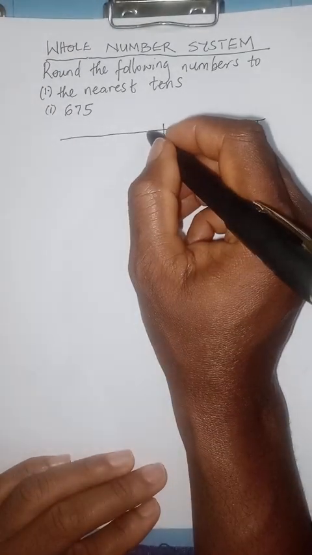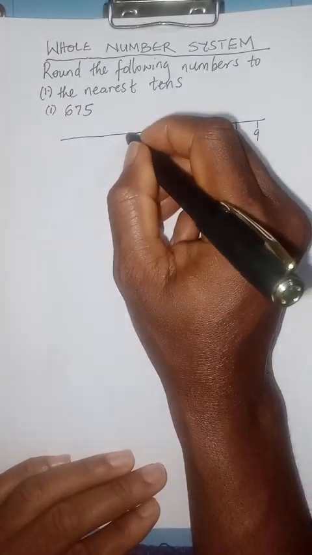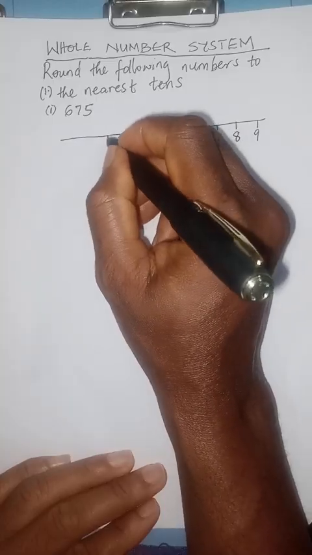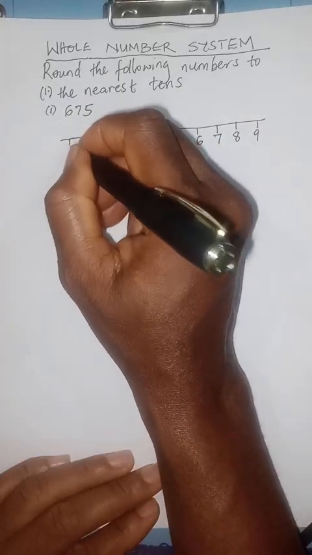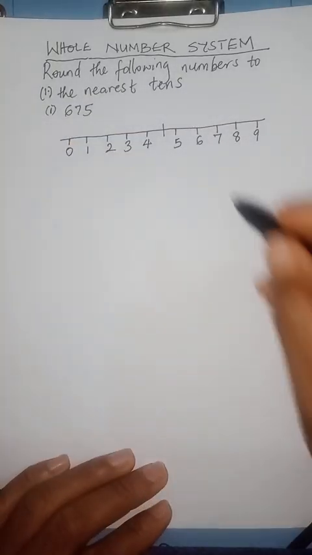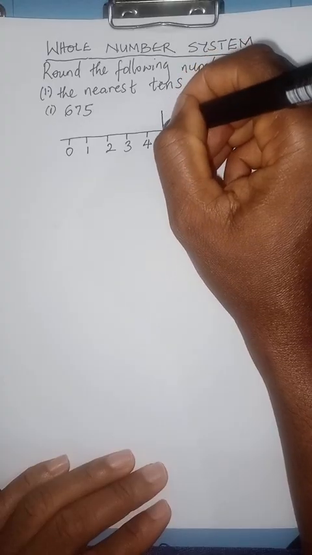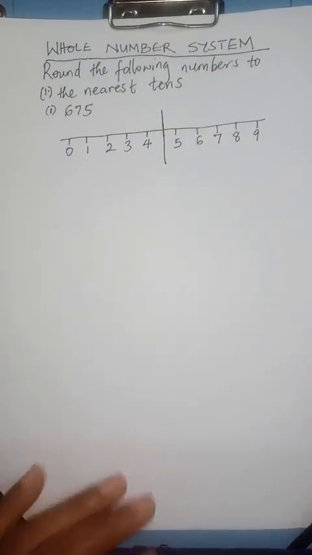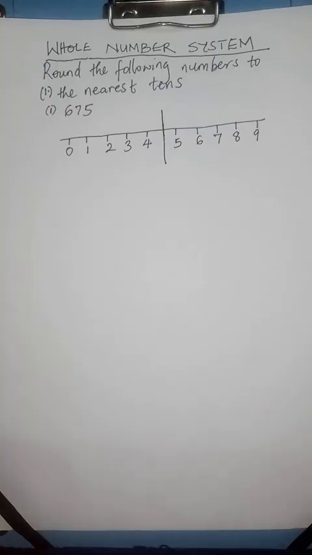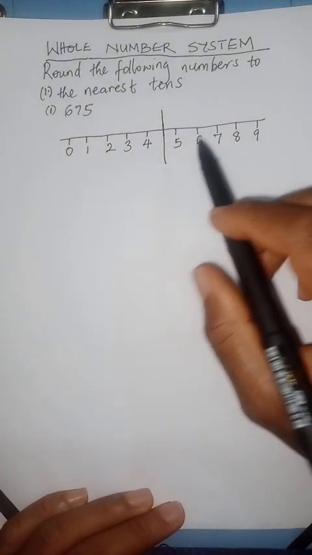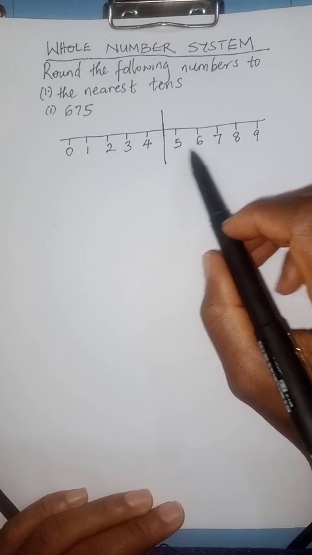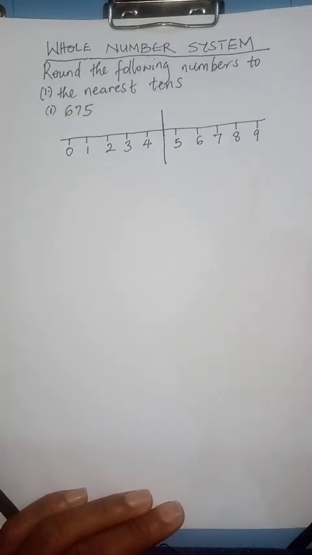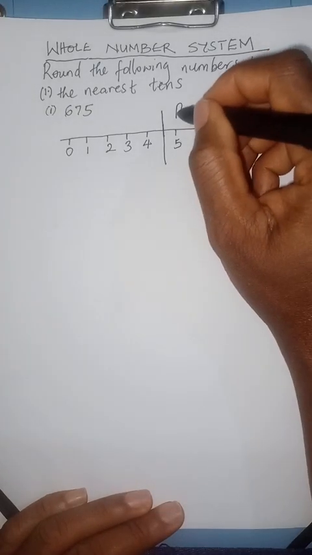And let's number the side 4, 3, 2, 1, and 0. So remember, I've divided it into 2. Now, when you round up numbers, if it is 5, 6, 7, 8, 9, you round up.